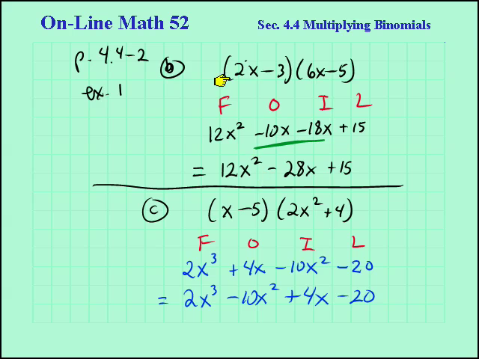I'll use FOIL, and we'll keep things mentally and think about it. But if it doesn't work for you to do this in one step, then don't. Take the time to get all 4 products and then combine like terms as you're able to.